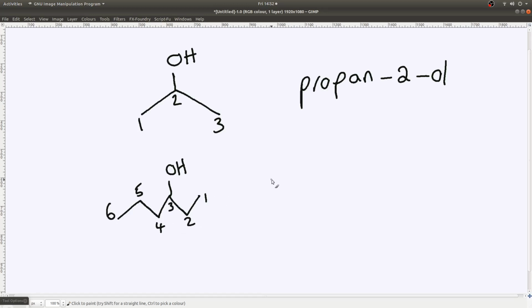So what we would have here is hexane, we've got 1, 2, 3, 4, 5, 6 carbons, and our alcohol group here, you can see, is on the third one.